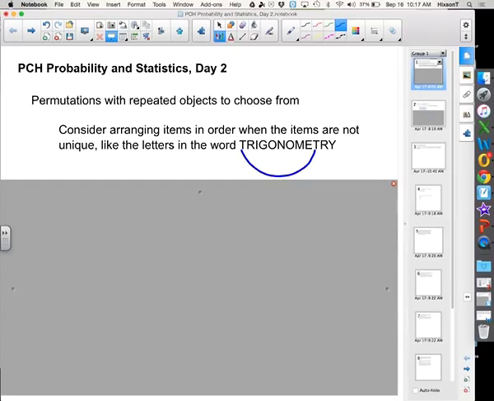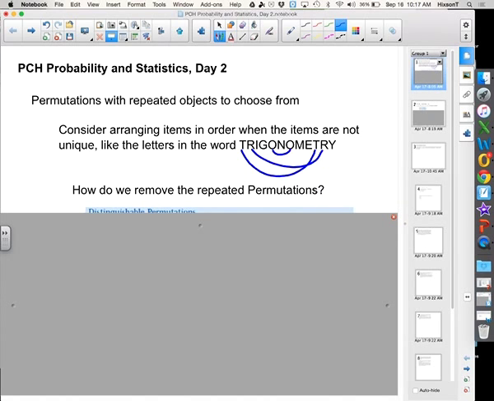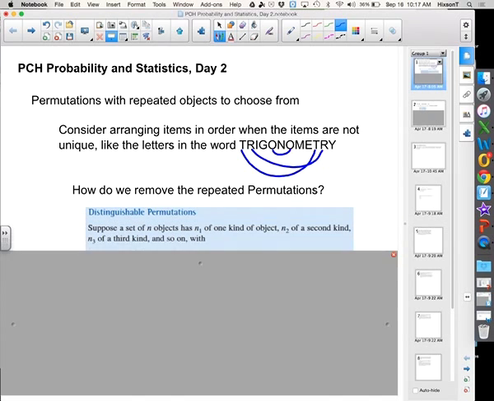Same thing if I switched these O's, or I switched the R's. So the question is, how do we figure out how many distinguishable permutations there are? Well, let's look at a basic rule and then apply it. We don't want to include these repeated permutations.